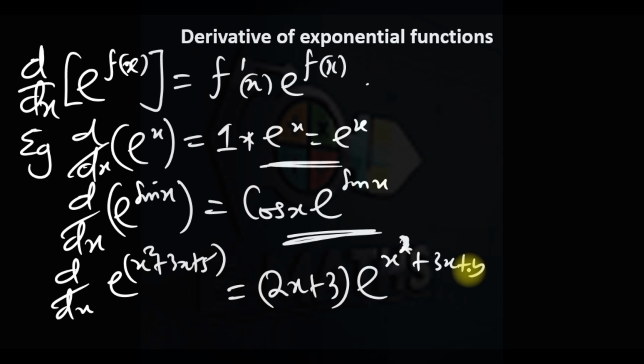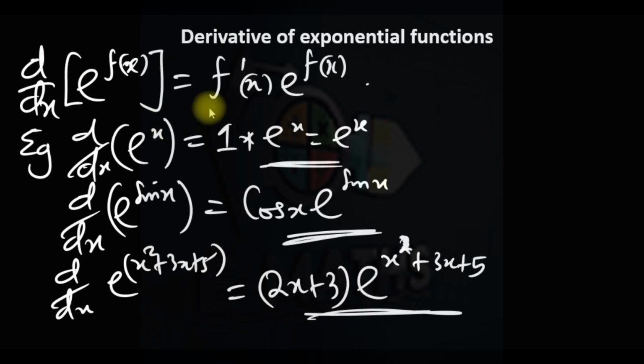So let's enter the second aspect, when the base is not e. Any other base like a, any number, any constant. What if we are given an exponential function where the base is any number except e, maybe 2, 3, 4, 5?